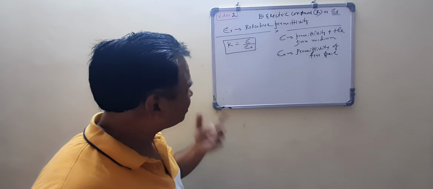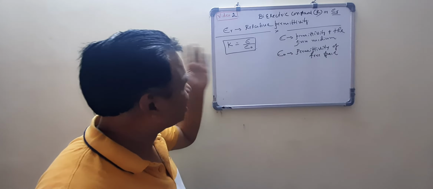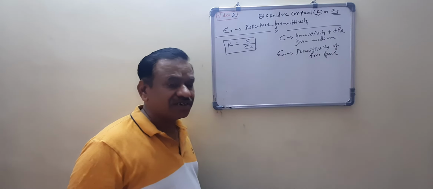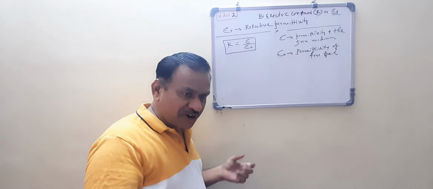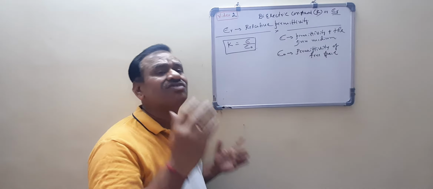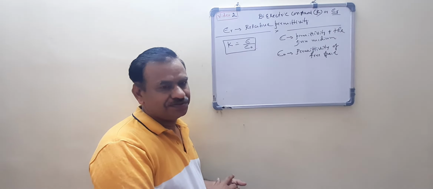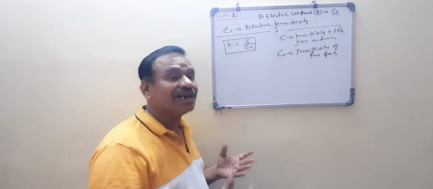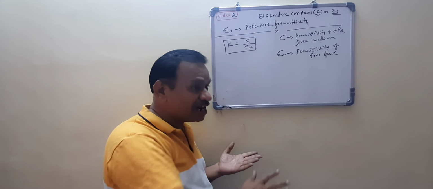Students, please understand, of course, mathematically you can write it easily and you will get the marks. What this permittivity represents is, for any material, how many electric lines of force it permits in a particular medium.